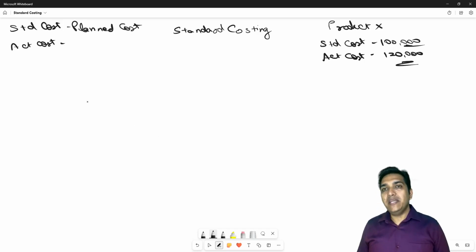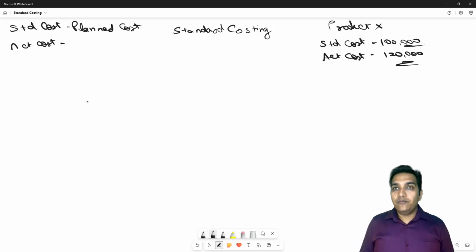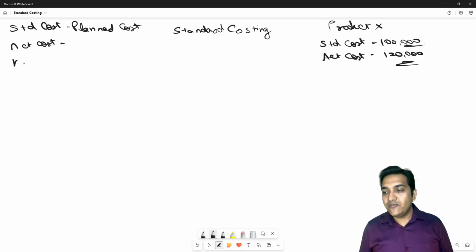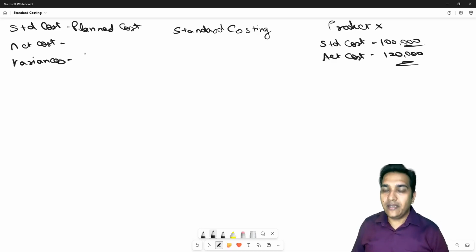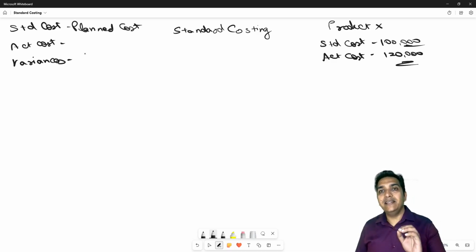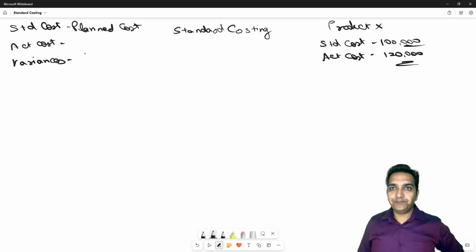Now, once we have identified what is my standard cost and what is my actual cost, what do we do with it? Then we calculate something called variances. Variance is basically the difference of amount between my standard cost and actual cost, right?